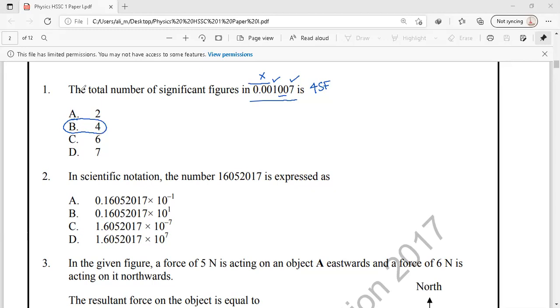Then let's come to our question number 2. In this question, we have a number that has to be represented in the scientific notation. So, according to the definition of scientific notation, the decimal that is after 7 in this expression should be placed after the first non-zero digit, that is 1.